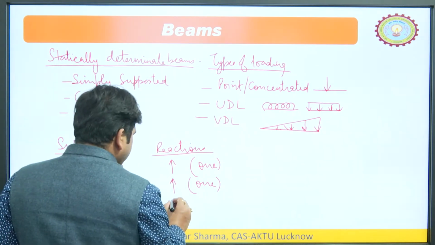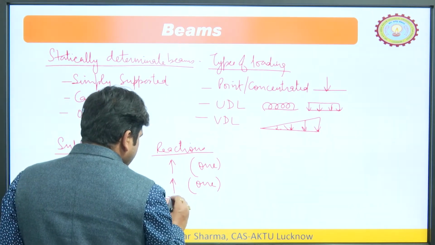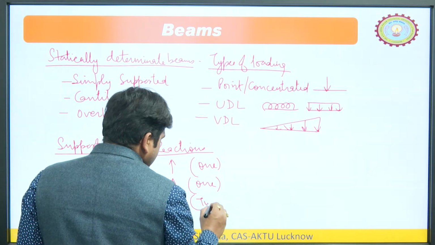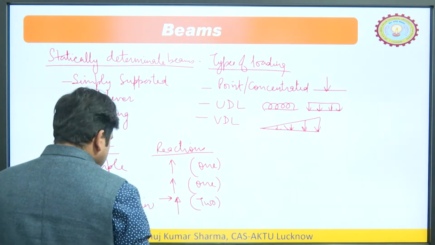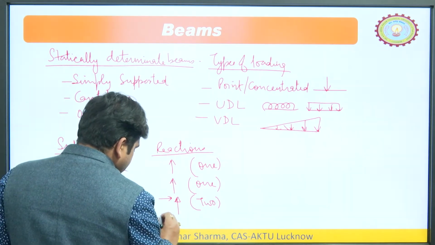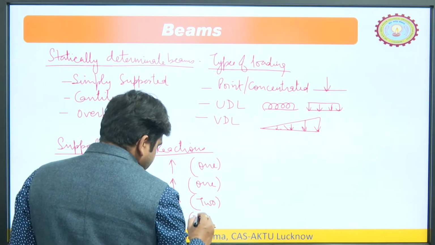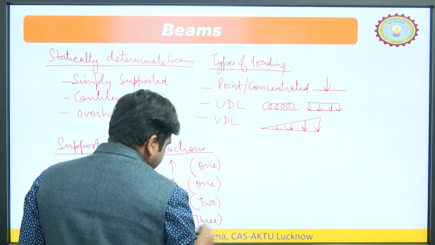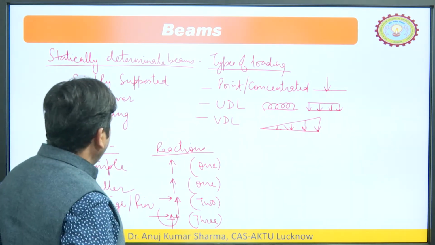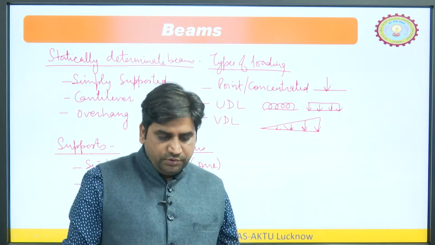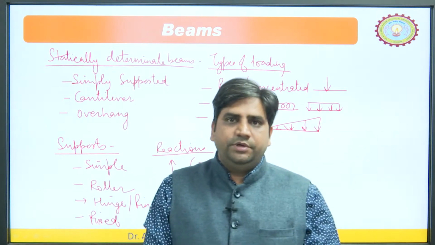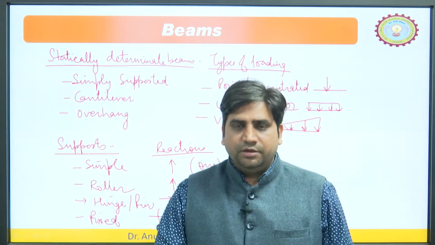In the case of a hinge we have two mutually perpendicular reactions. In the case of a fixed support we have three reactions: two mutually perpendicular and one moment. So we get three support reactions. This is very important to understand before moving further to the numericals.